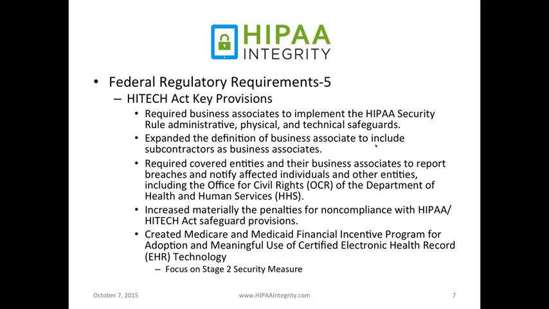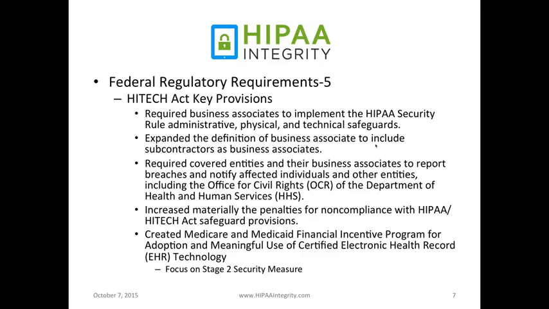The key provisions in the HITECH Act: it required business associates to implement the HIPAA security rule administrative, physical, and technical safeguards, just as a covered entity would. It expanded the definition of a business associate to include subcontractors as business associates, and subcontractors as business associates are only contracted to other business associates, not the covered entity.